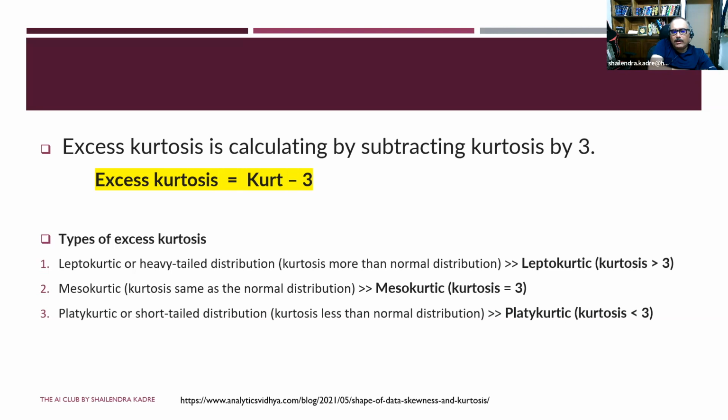A simple formula is there. They consider Kurt equal to 3 as normal. Above 3, below 3, like that they consider. So excess kurtosis you have to measure. If it is positive, kurtosis is called positive, and if the excess kurtosis is negative, it is called negative. So like this, simple, you should know.